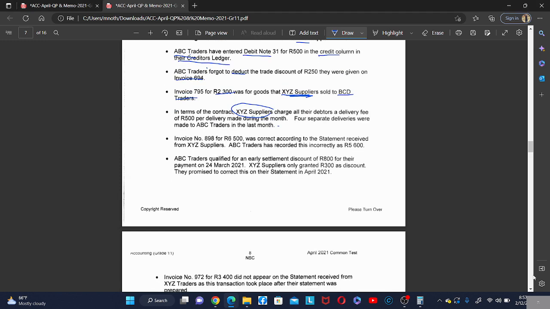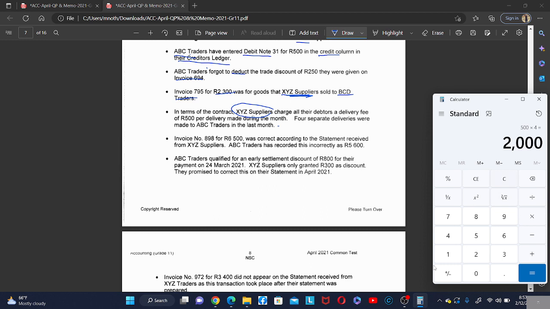Invoice number 898 for 6,500 was correct according to the statement received from XY suppliers, meaning that the error was made by us here. ABC Traders has recorded this incorrectly as 5,600.